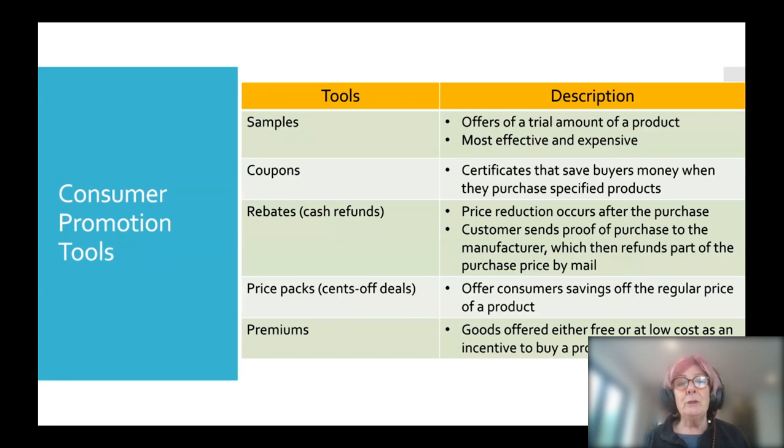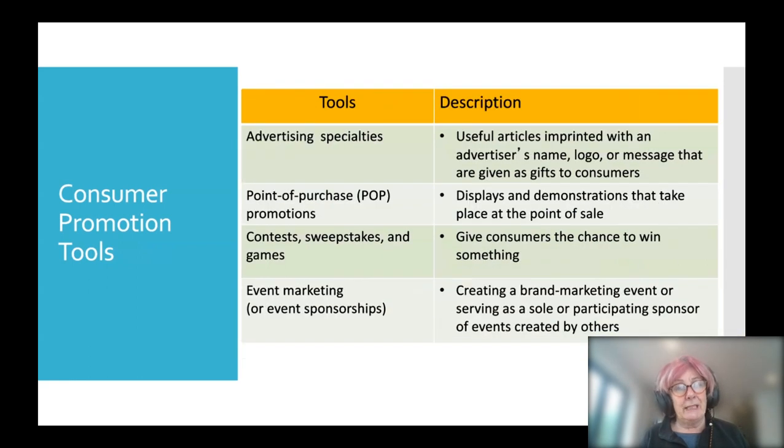They can give them coupons that provide a discount. They can offer cashback or cash refunds. They can offer multi-packs, which might have savings compared to the usual price. Or they might offer some goods either free or at a low cost as an incentive to buy more of the product later on.